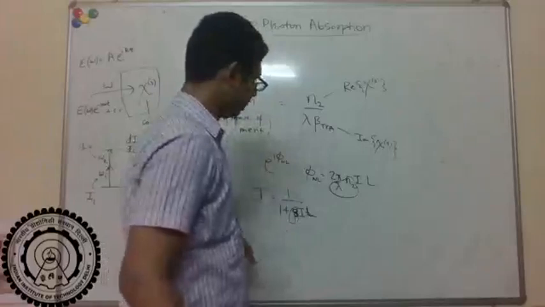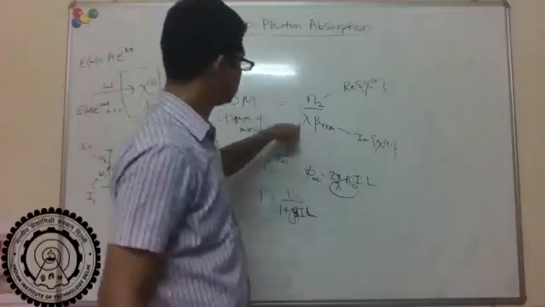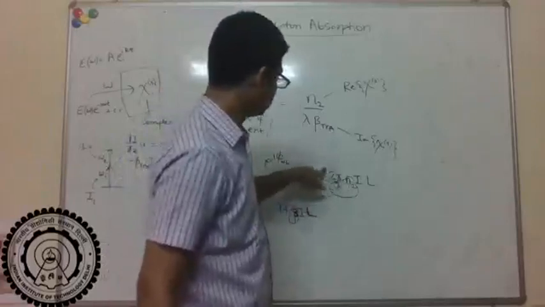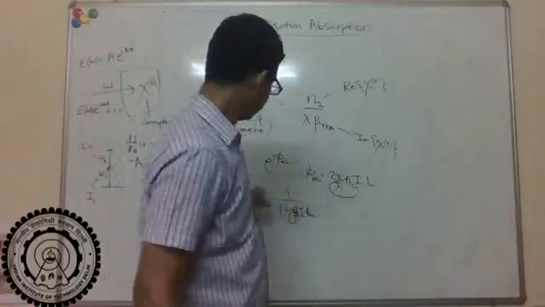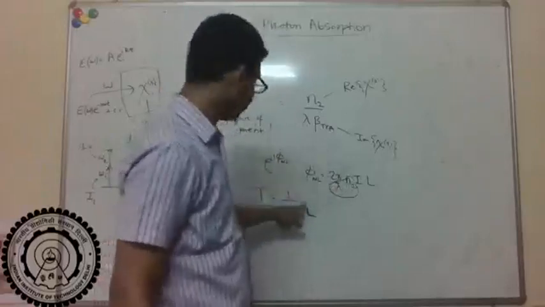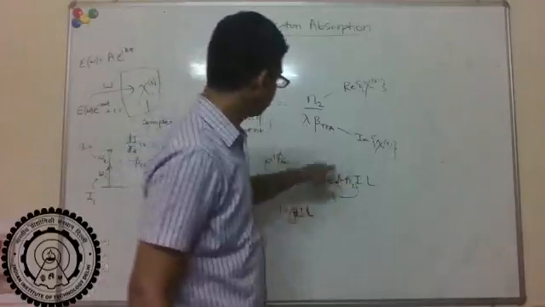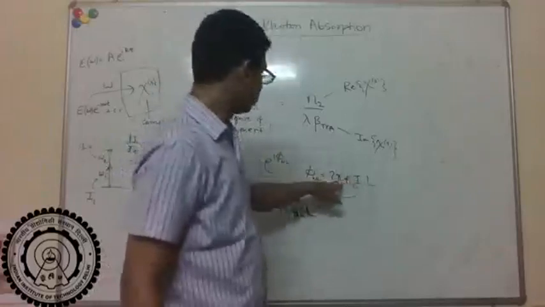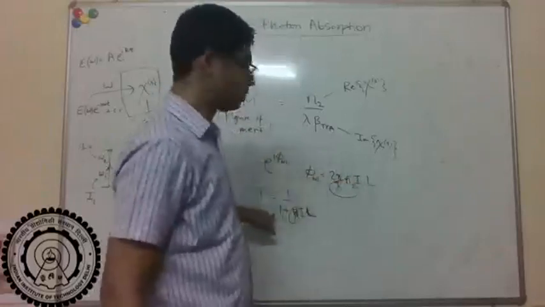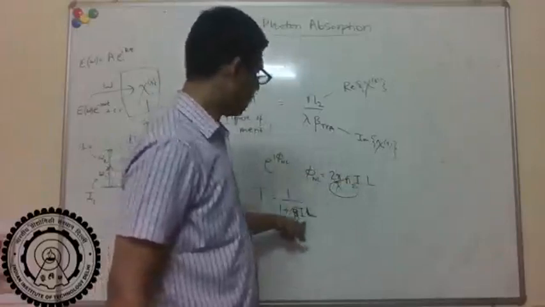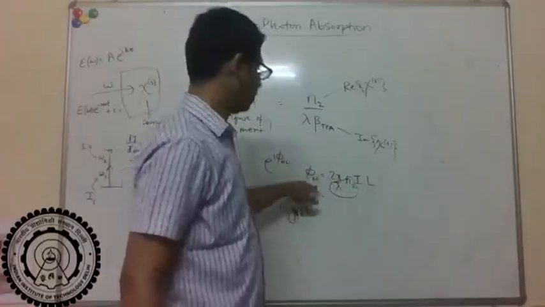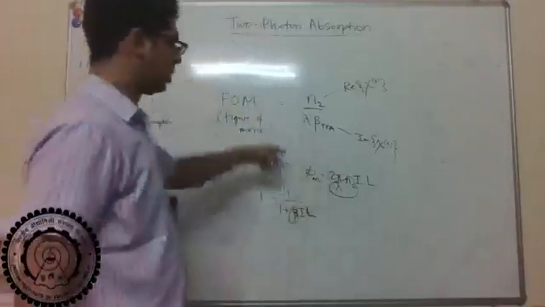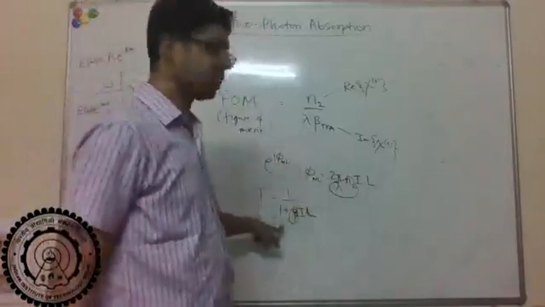For example, if this figure of merit is 1, you'll get a phase shift of 2 pi when the transmission goes down to half. When beta IL is 1, then N2 over lambda IL is also 1, so the nonlinear phase shift is 2 pi. So before the intensity goes down to half, I'm able to get a nonlinear phase shift of 2 pi if the figure of merit is 1. If the figure of merit is higher, you get higher phase shift for the same transmission.